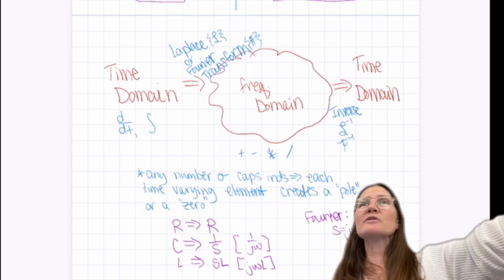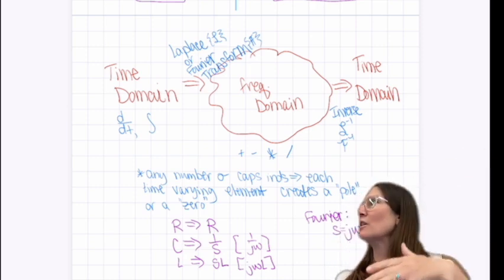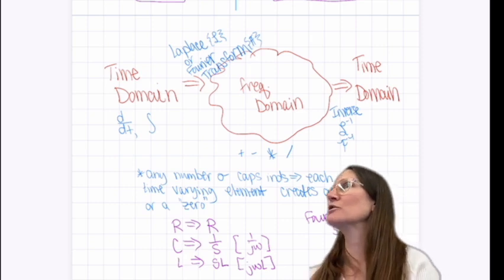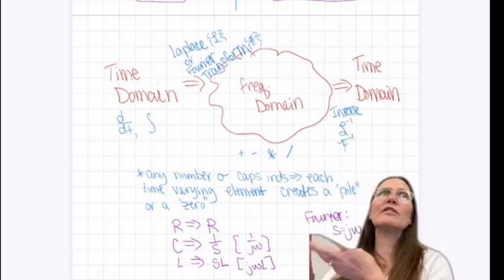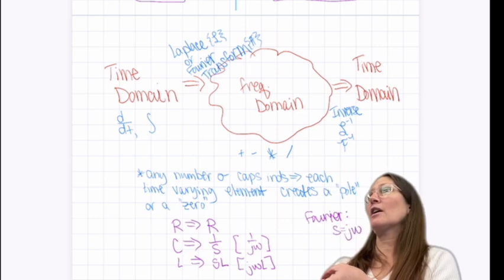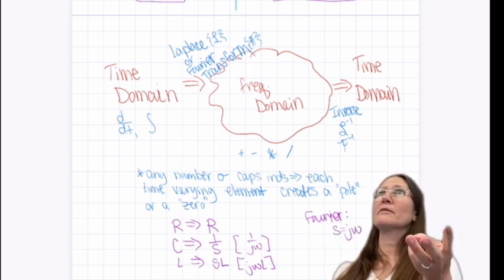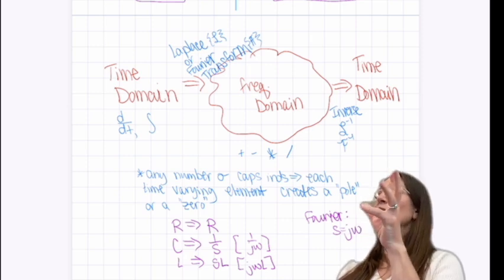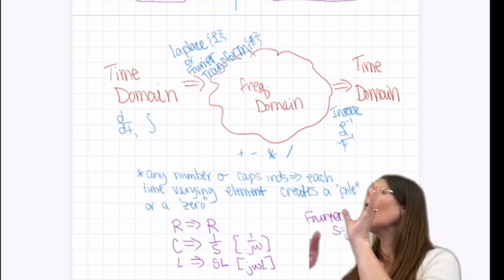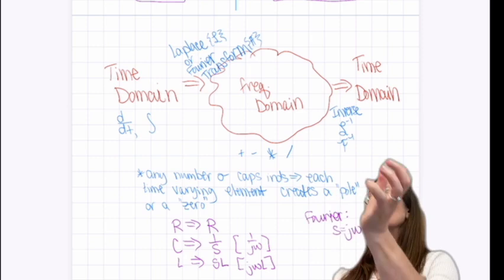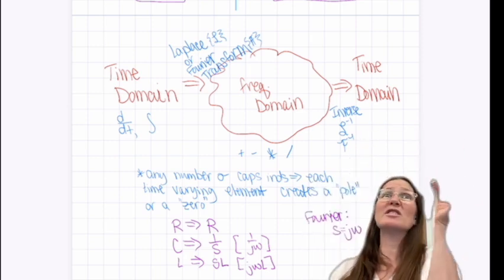When we're in the frequency domain, we can analyze it using all the techniques you've already learned. So you can go back to KCL, KVL. If elements are in parallel, you can combine them as an impedance, or if they're in series, you just add them.